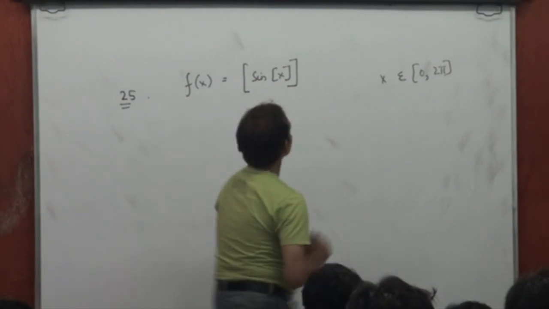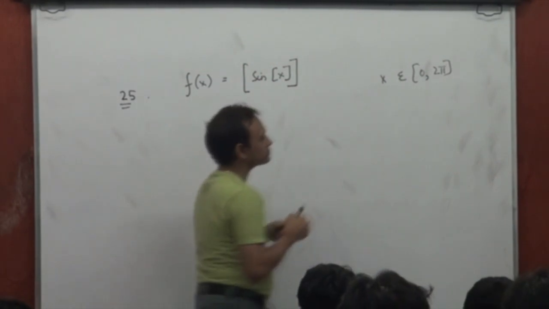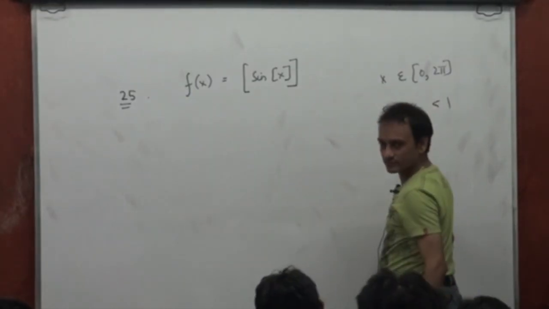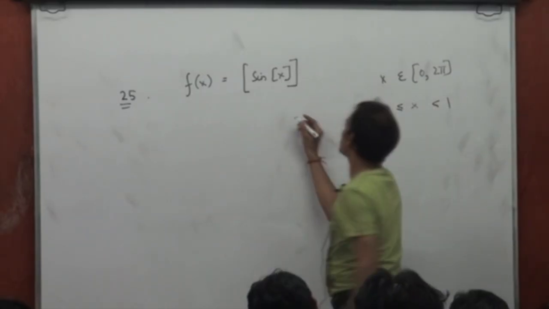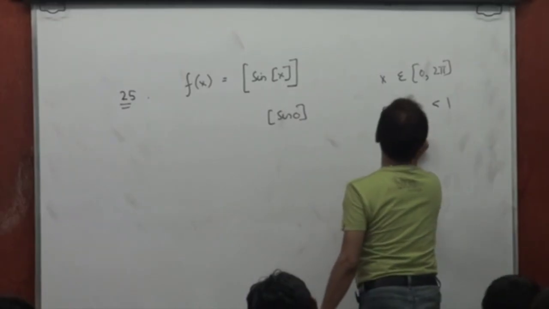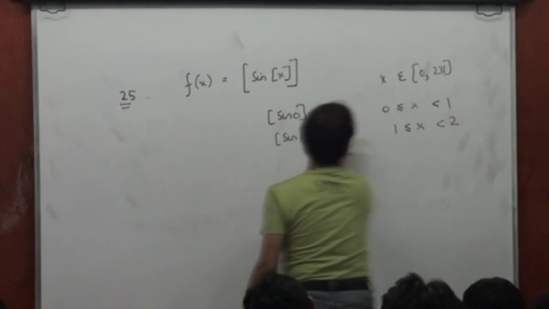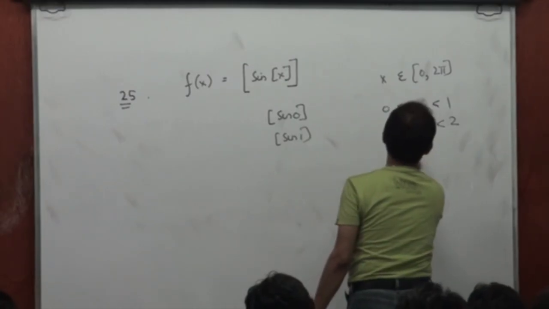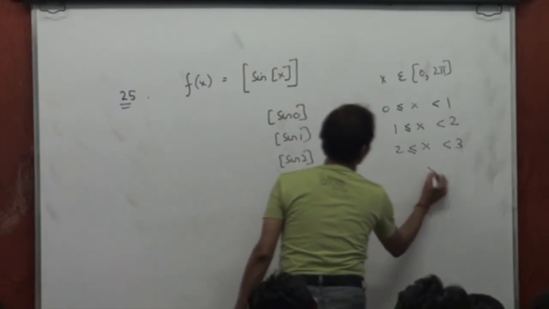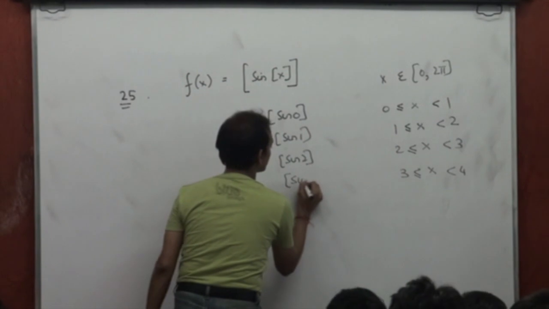Actually, the description of this function in subintervals is going to be: x greater than or equal to 0, less than 1, this will become box sign 0. X greater than or equal to 1, less than 2, box sign 1. X greater than or equal to 2, less than 3, box sign 2. Then box sign 3.